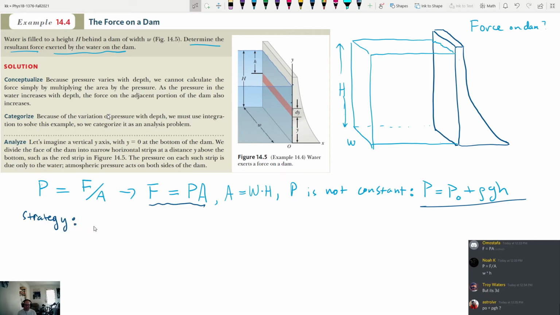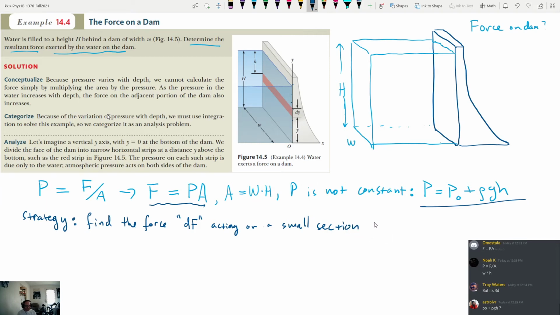So our strategy is going to be to find the force. We're going to call this force, just to introduce you to it before I do it, dF, acting on a small section.